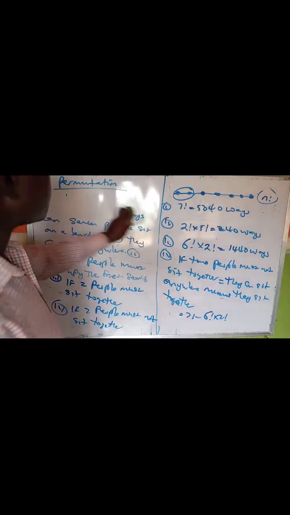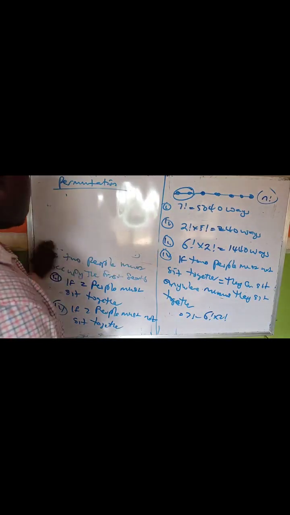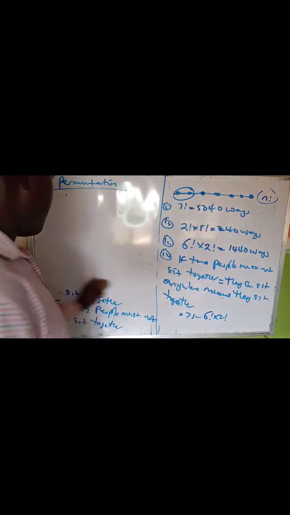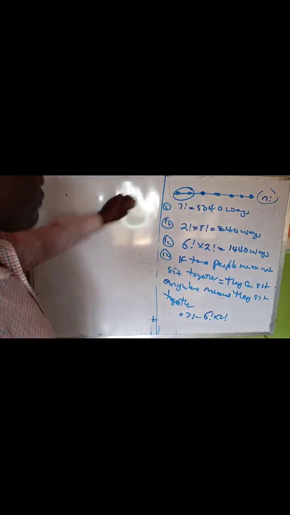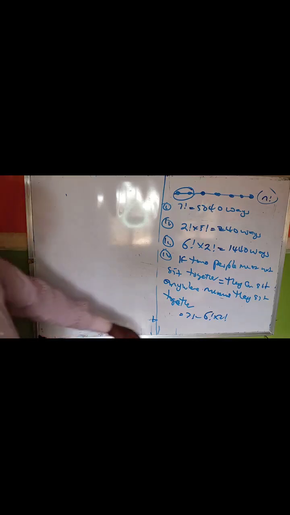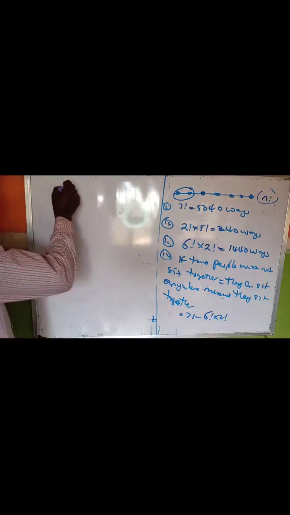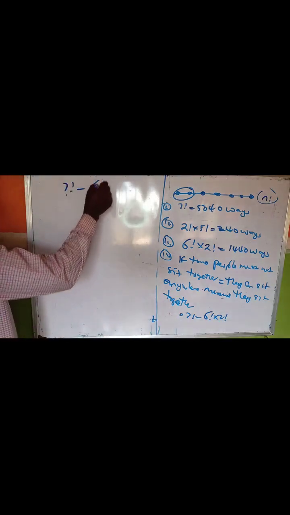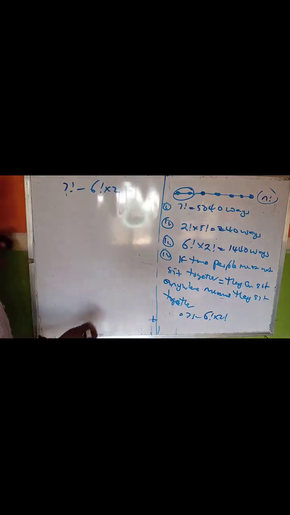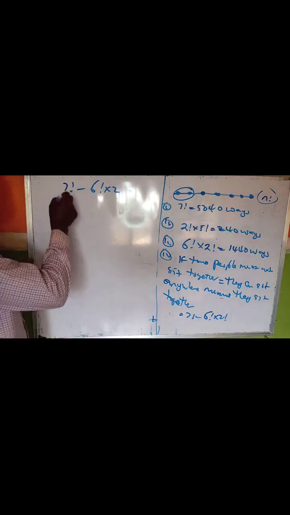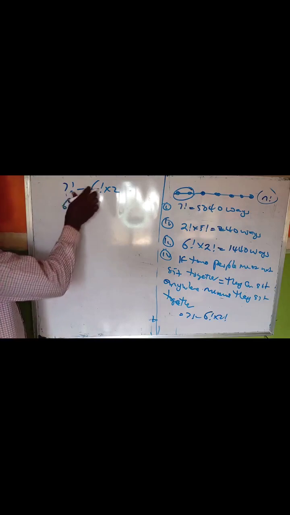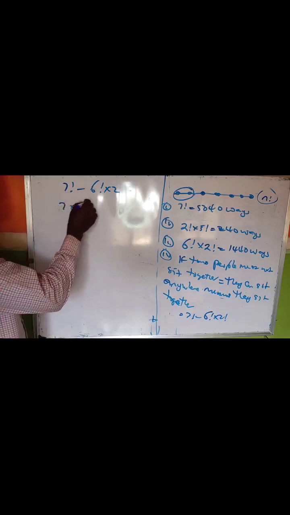So that's it. Now look, you can solve this one like this: 7 factorial minus 6 factorial times 2. 2 times 1 is 2. So here you can have 7 times 6 factorial.